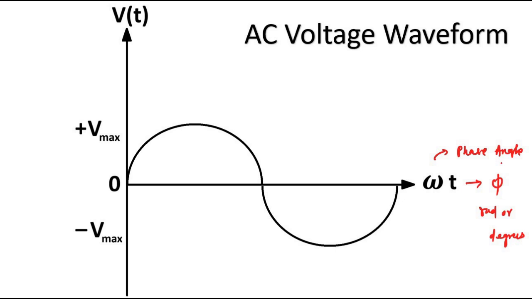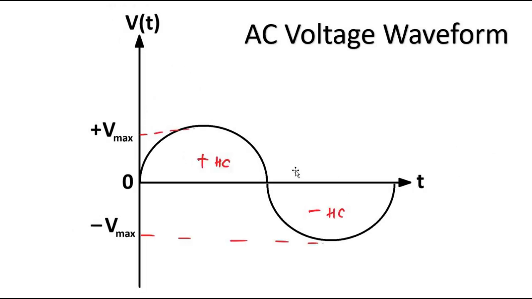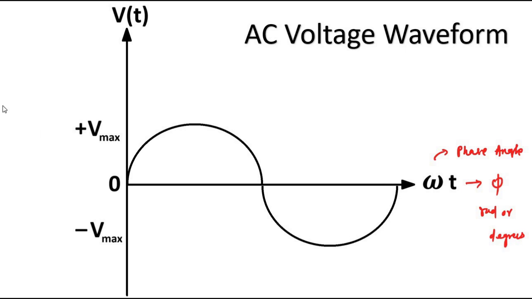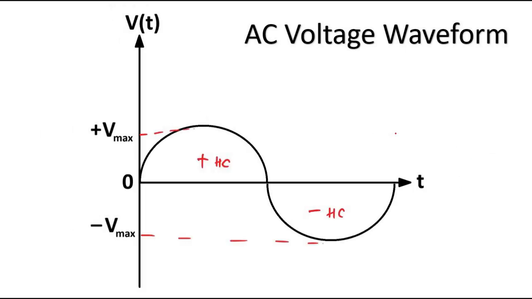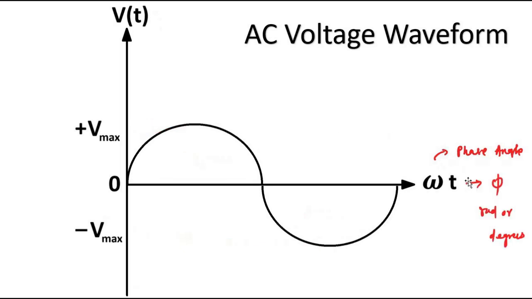So this is the important difference. You have to check whether the diagram is with respect to t or with respect to omega t. If it is t, then it is time expressed in seconds. If it is omega t, it is phase angle, which is expressed in radians or degrees.